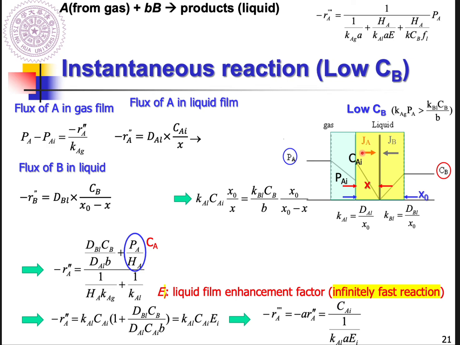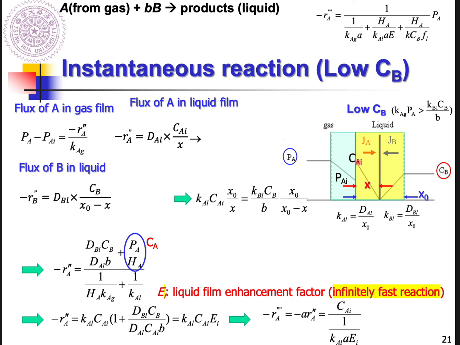Okay, so as long as it reaches steady state, we can formulate JA and JB, right? JA, the flux of A, flows through the gas film and liquid film. So the flux of A in the gas film will be the transport coefficient times PA minus PAI. The same, right?